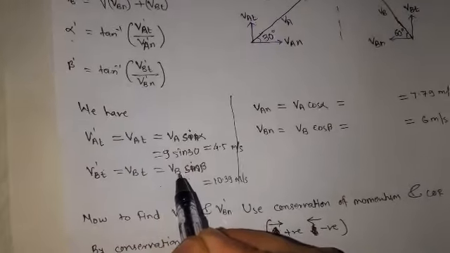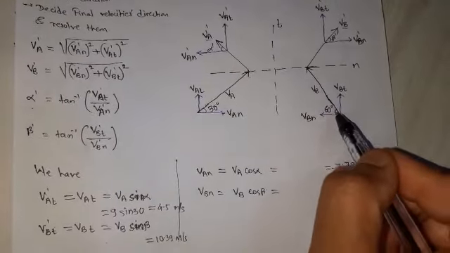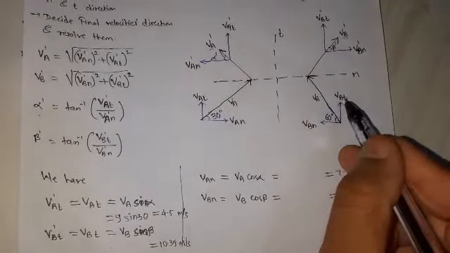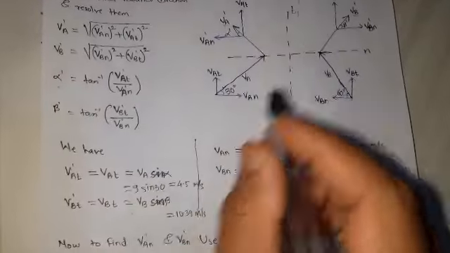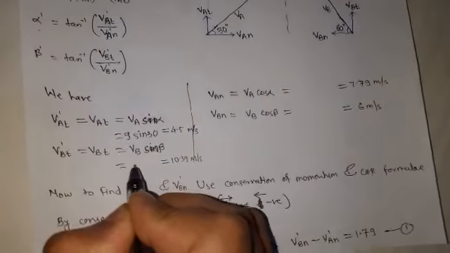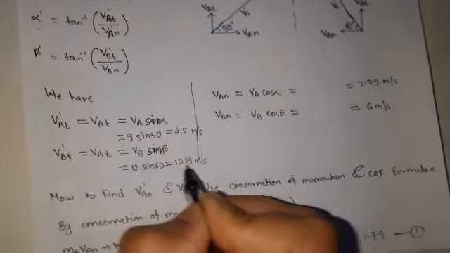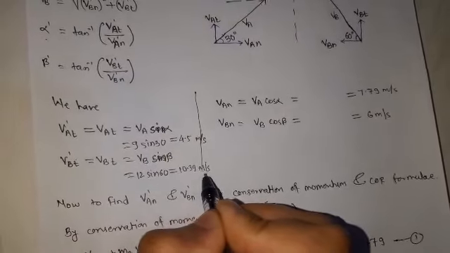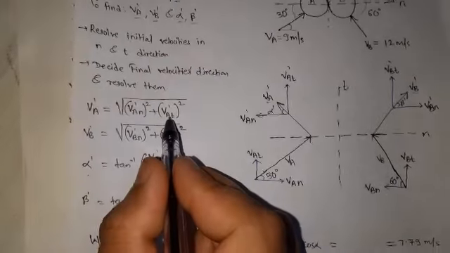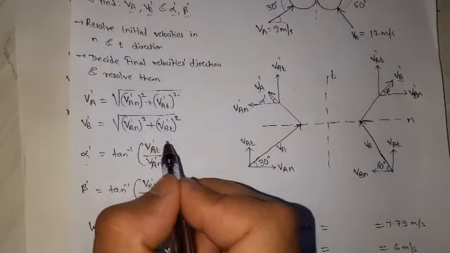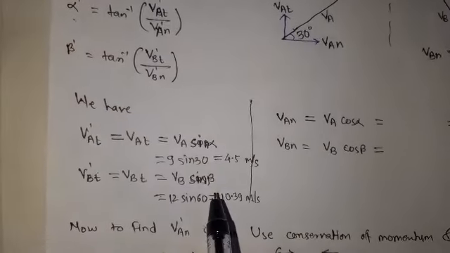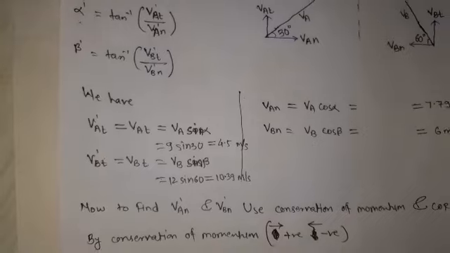To find VBt dash, we have VB sine of 60. VB is given as 12, so 12 sine of 60 gives me 10.39 meters per second. So we got VAt dash and VBt dash, as the velocities are not going to change in the t direction.